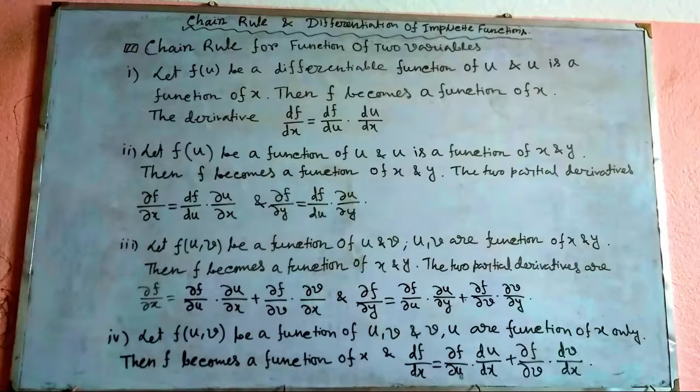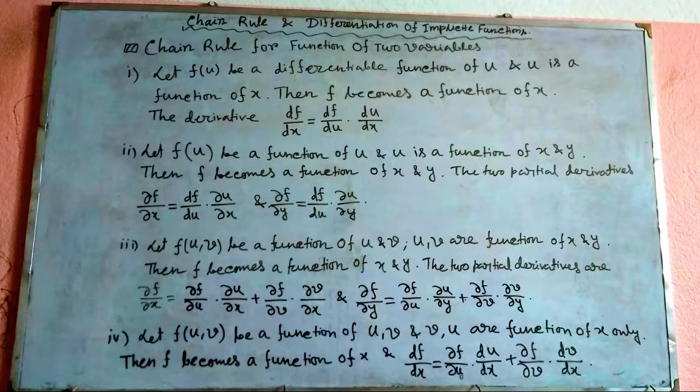Now you are instructed to write down the 4 rules of the chain rule, and now I am explaining the difference between df/dx and del f/del x.